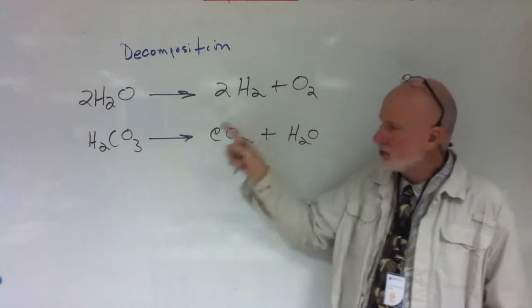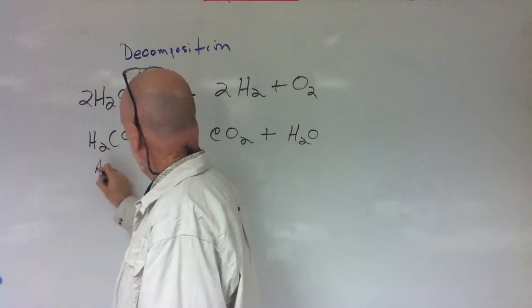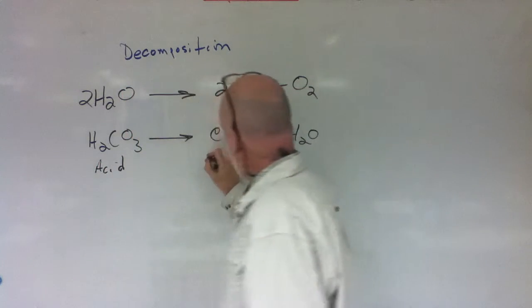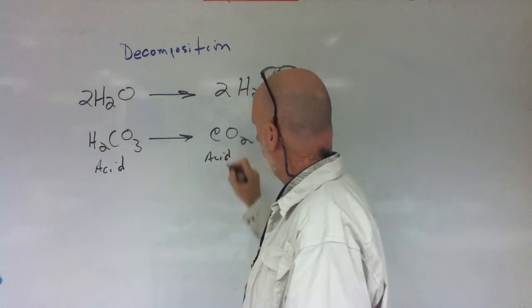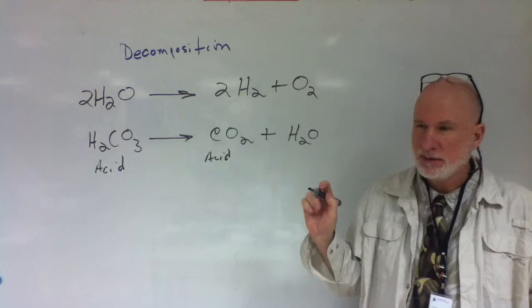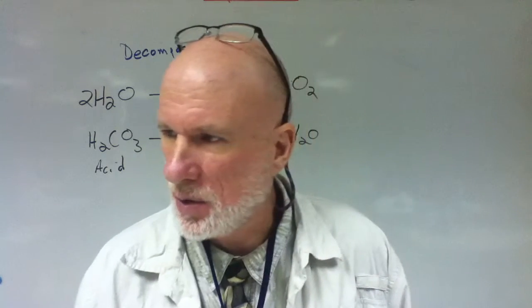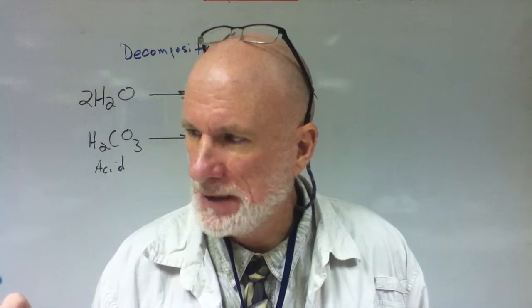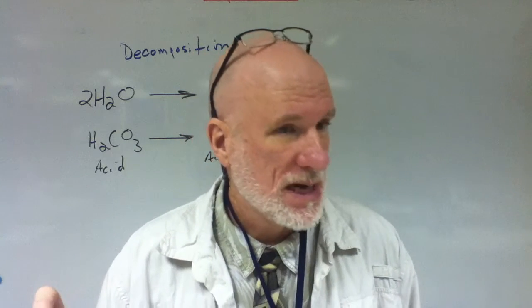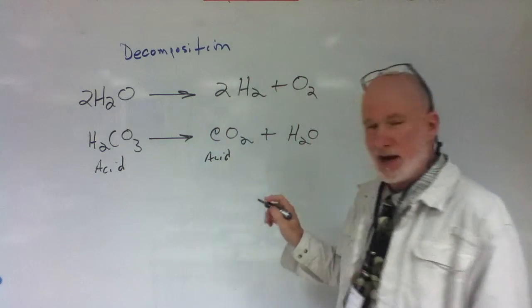The next one is an acid. This is an acid, what? What is carbon dioxide? What is a non-metal oxide called? We did this. What's a non-metal oxide called? Base? No.